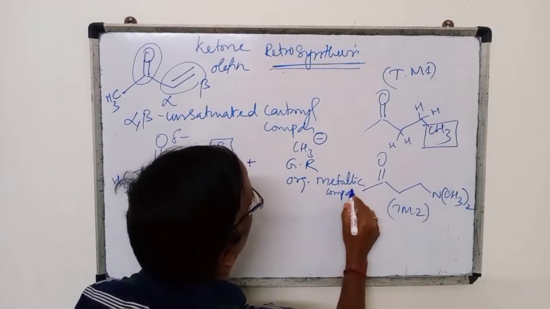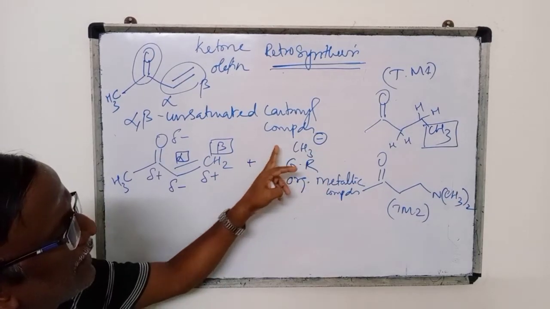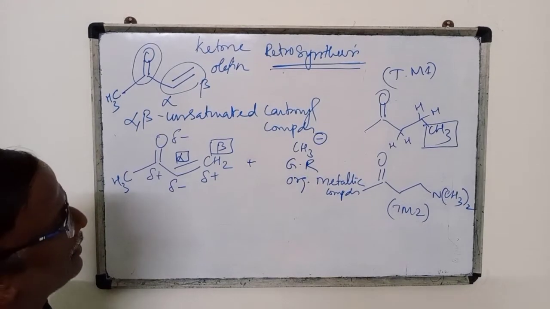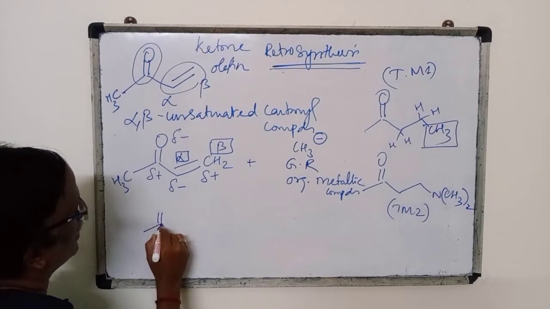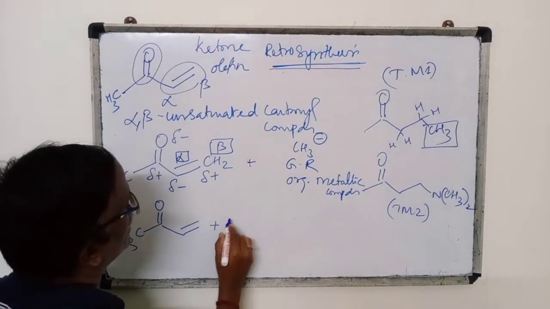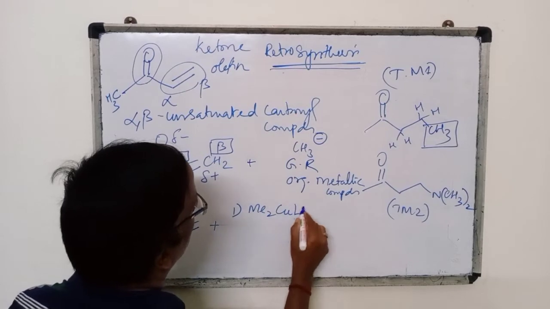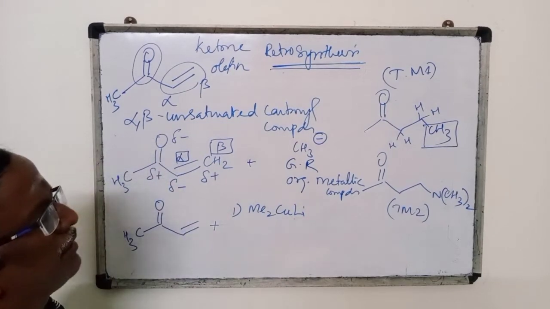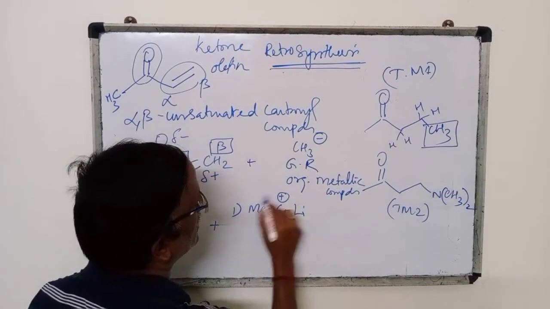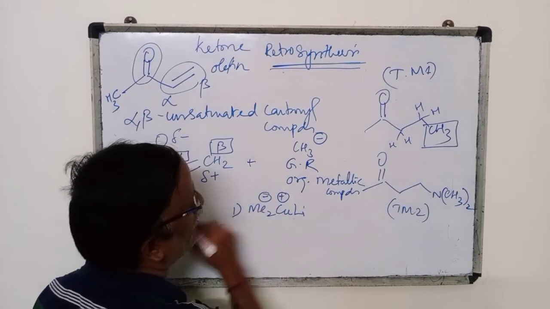That organometallic compound can give rise to a nucleophilic carbon. So, for example, you take dimethyl copper lithium, where the copper is going to have a positive charge because it is the less electronegative atom and the methyl group is going to have a negative charge.